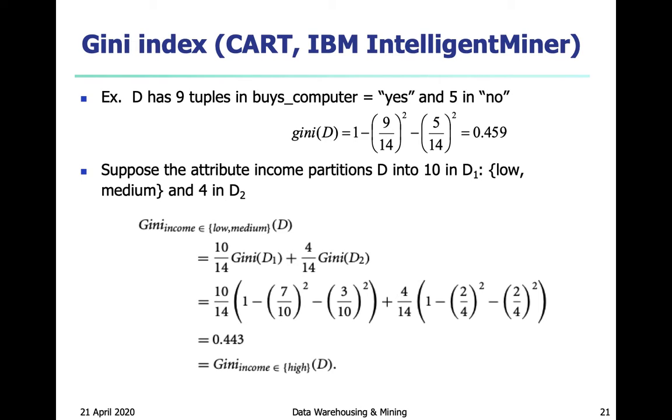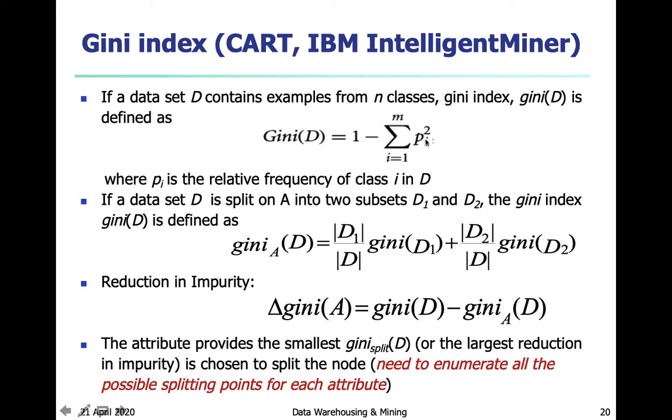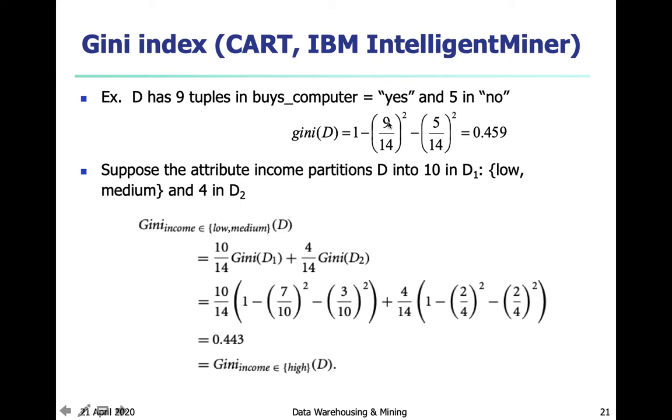So what will be the Gini index? This is 1 minus the sum of pi squared: 9 classes for yes, so 9 by 14 squared, minus 5 classes for no, 5 by 14 squared. So this is the value.